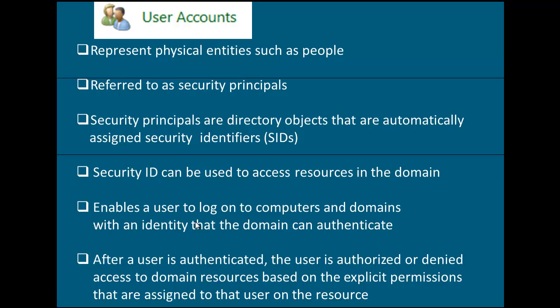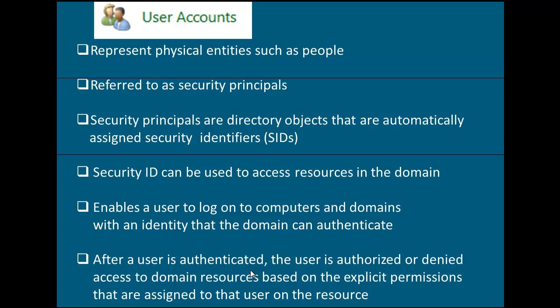When you have that identity, then your domain controller will authenticate you, meaning that when you log on, the Active Directory database will be checked to make sure that your logon name and your password is there before you can access the domain. After you're authenticated, meaning that your name and your password is logged in Active Directory, then you are then authorized or denied access to the resources within the domain.